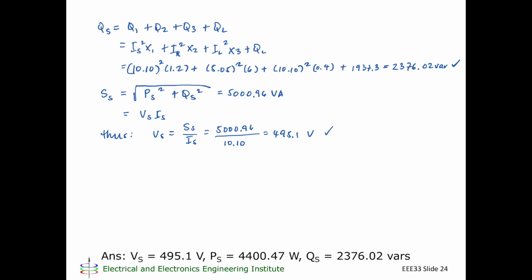Note that we can compute for the angle between V sub s and I sub s. So I'm now talking about phasor values here through the power triangle.